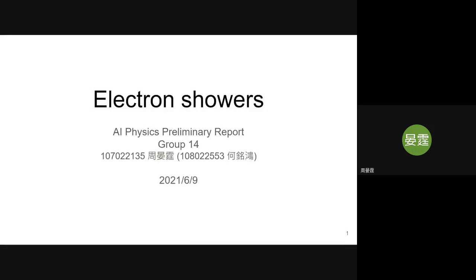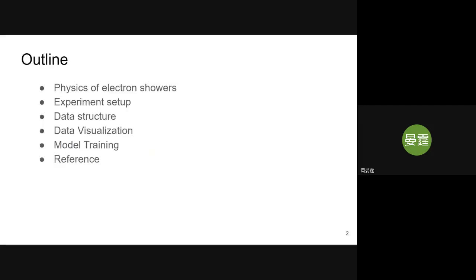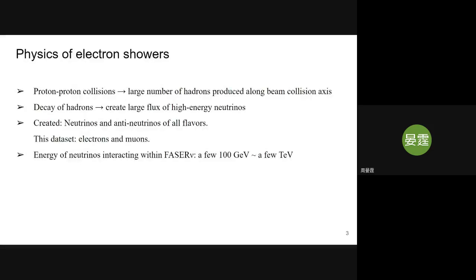So hello everyone, my name is Zhou Yanting, and today I'll be presenting on the topic of electron showers. Here's the presentation outline. First, I will introduce the physics of electron showers, followed by the experiment setup, then data structure, and so on. So at the Large Hadron Collider at CERN, proton-proton collisions produce a large number of hadrons along the beam collision axis.